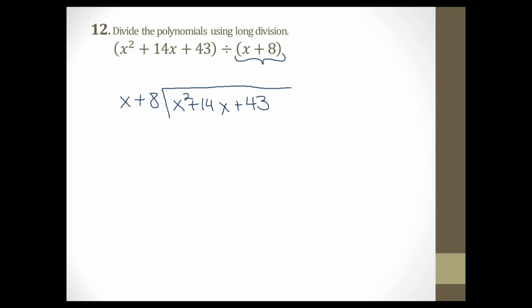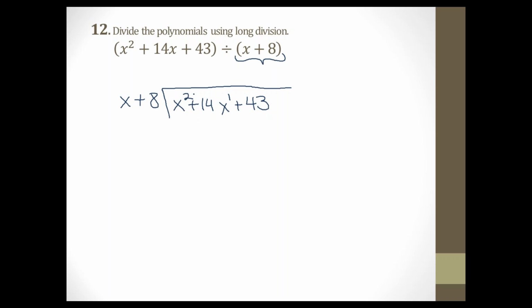And then over here it starts with degree of 2, and then it goes down, even though you don't see it, it has a degree of 1, and then basically here a degree of 0, which makes this x disappear. So yes, they are in descending order and none of the terms are missing, which means we can just do our long division.